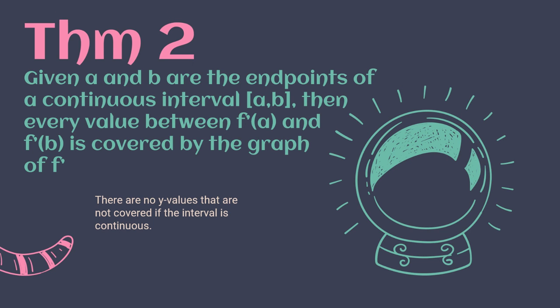So if we have an interval, unless there is a cusp or a corner, the function is going to be continuous because it will have a derivative at every point. And then because there is a derivative at every point, there is an f prime value at every point.